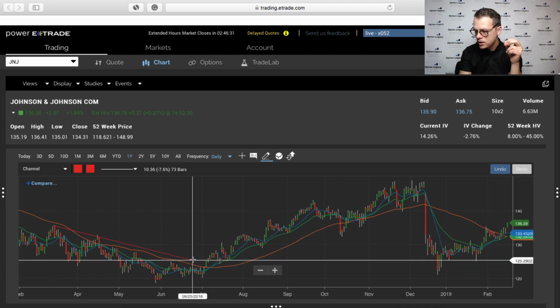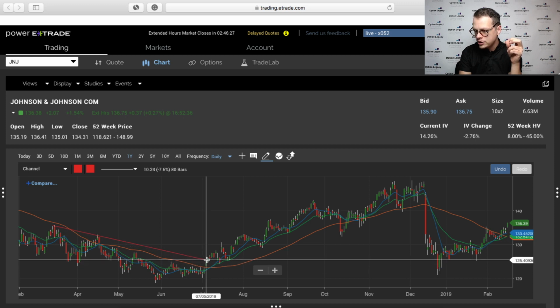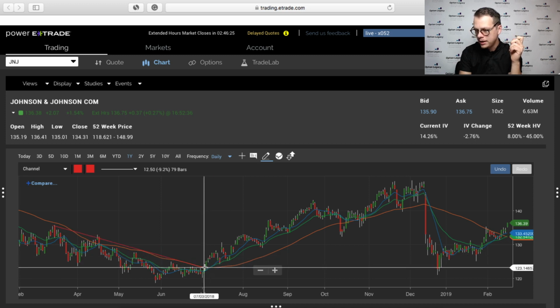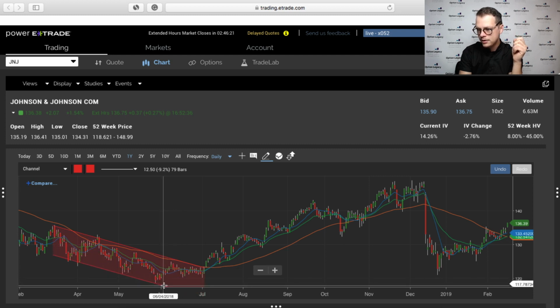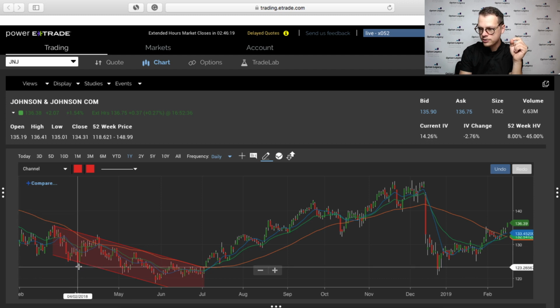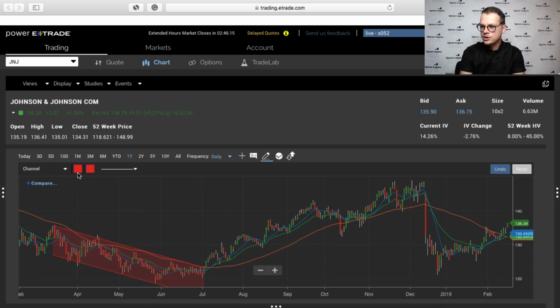And then whenever this thing closes above that 50-day simple moving average and continues to move up, that would be the end of that bearish sign. So there's the bearish momentum breakout, and then let's chart out that bullish momentum breakout.